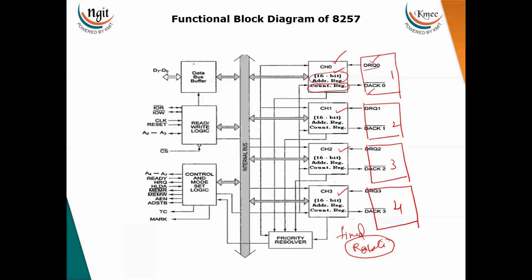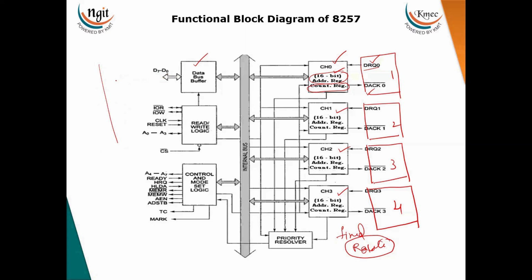Now coming to the data bus buffer. This bidirectional bus is connected to the data bus buffer, and the data bus is connected to the microprocessor.